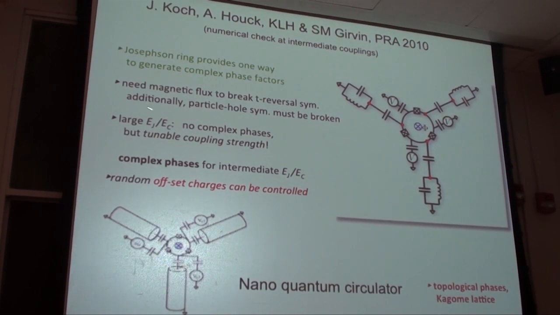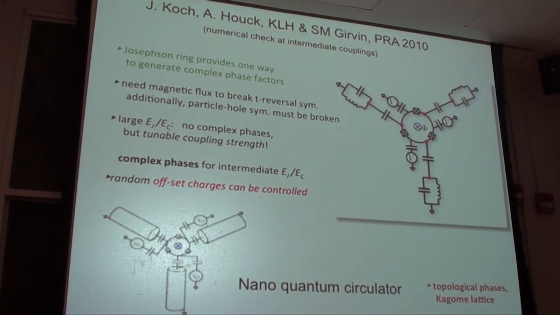But still, the main point of this work was to show that indeed you can induce these complex phases if you play with the charging energy and the Josephson coupling of this ring. Okay? So now, let's imagine we can do that.